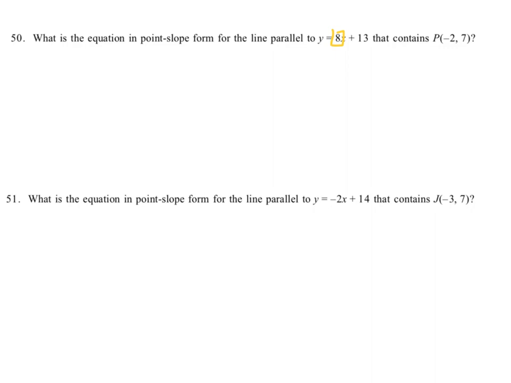They want it in point slope form, which makes it easy because point slope form says y minus y1 equals m parentheses x minus x1. And all we have to do then is substitute. m we replace with the slope they gave us of 8, okay?